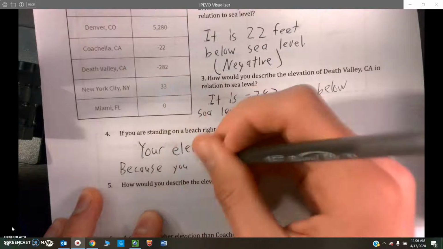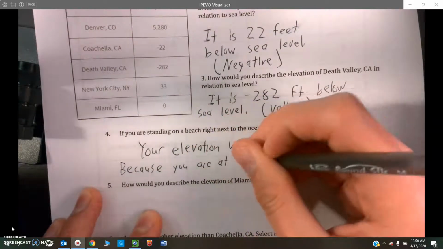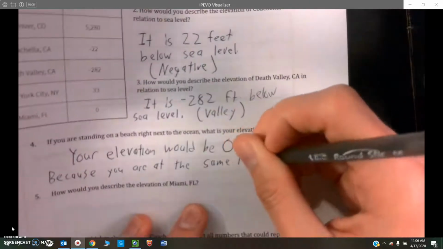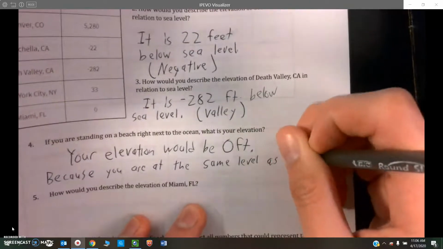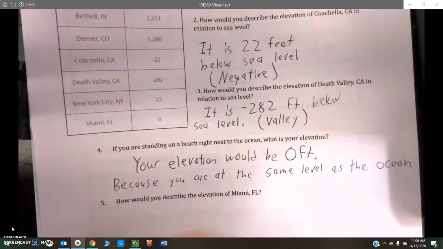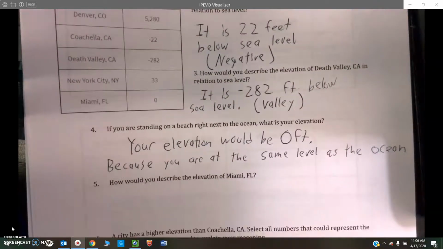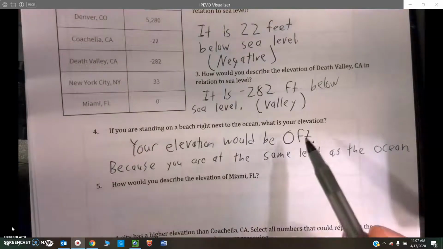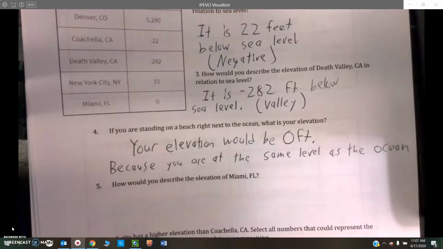Because you are at the same level as the ocean. So once again, thinking about elevation, that's how many feet above or below sea level you are. So if you're at the ocean, then you are 0 feet above the ocean. You're right there. So your elevation is 0 feet. You're not above or below, you're just on it.